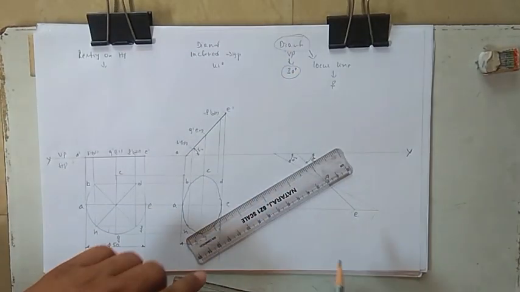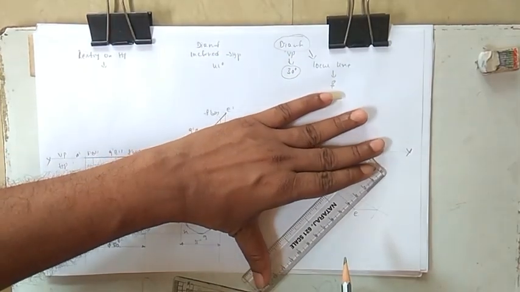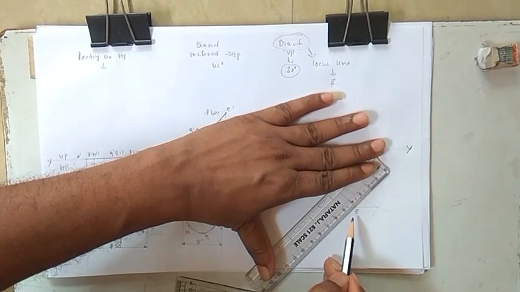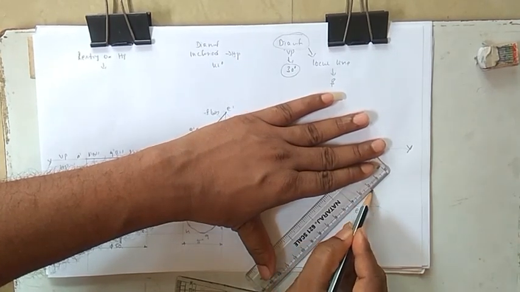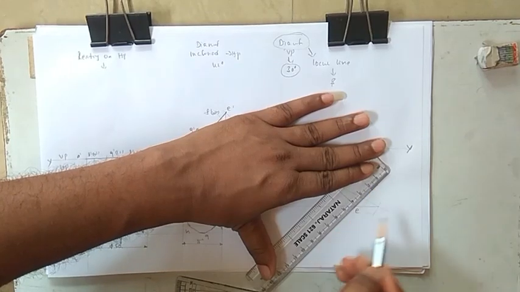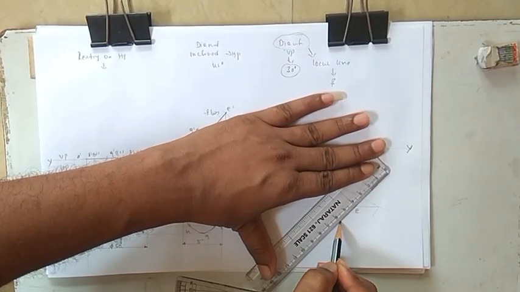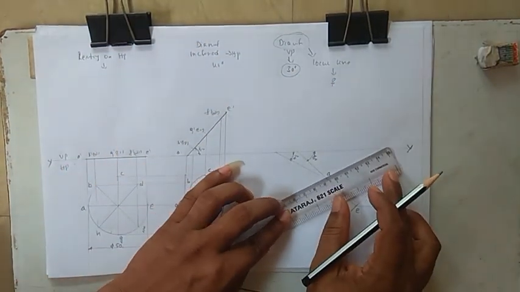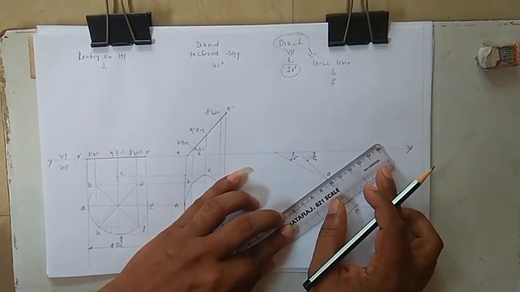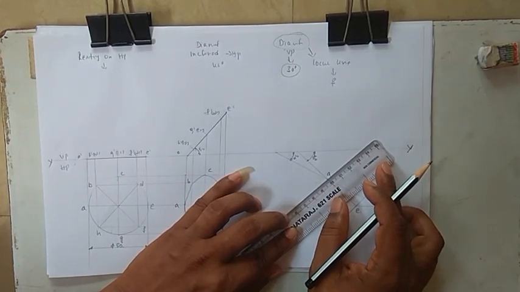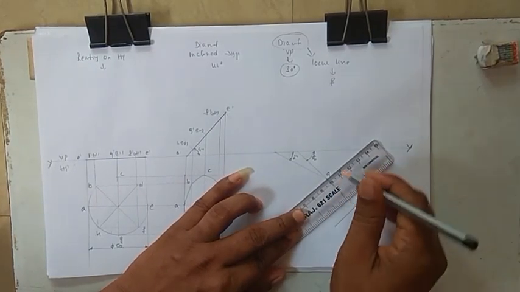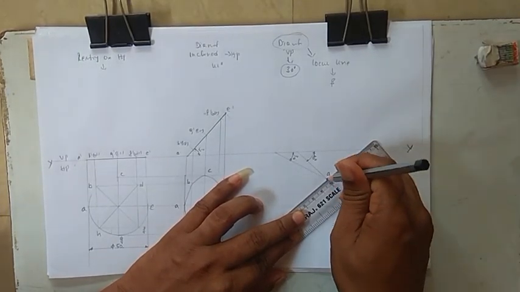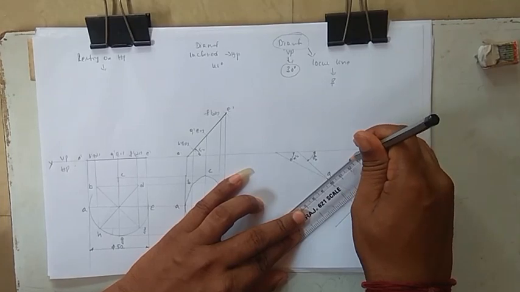Okay, now what you can do here is keep the scale, making sure that one line will coincide with the AE. So take a 20 and then 5. Here 20 and 5. Same thing, we'll keep it at the A, again making sure that one line will be coinciding with the A. You can see here, 20 then 5.